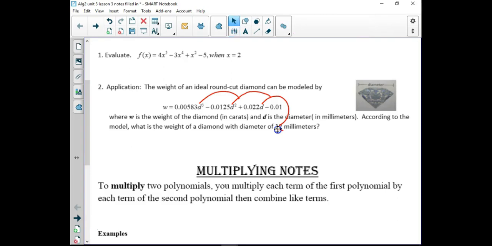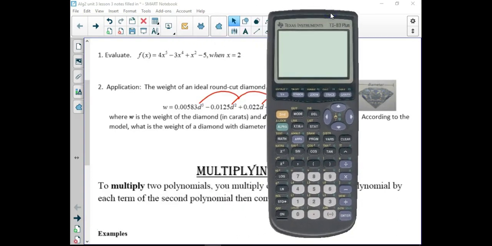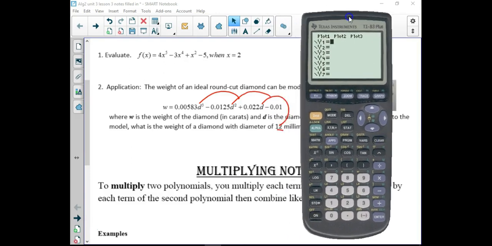The other way, the quicker way, is just, again, use our handy-dandy calculator. Go to y equals, and enter in 0.00583, and put x, and we're going to cube it, so to the third power, x cubed, minus 0.0125.